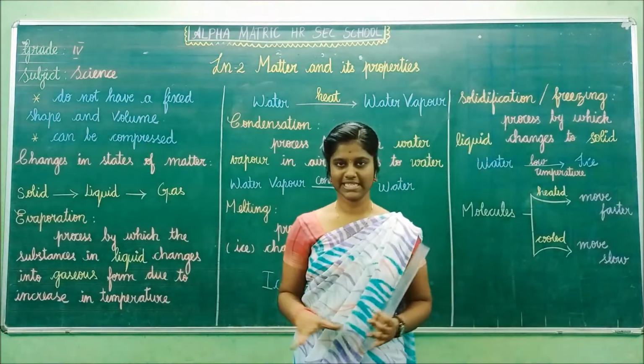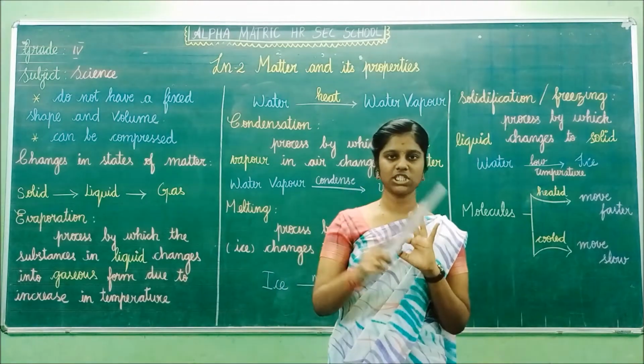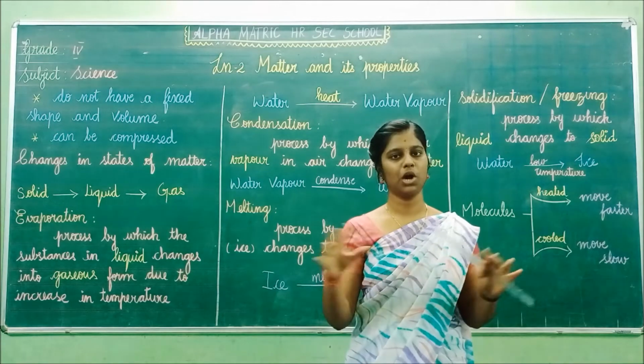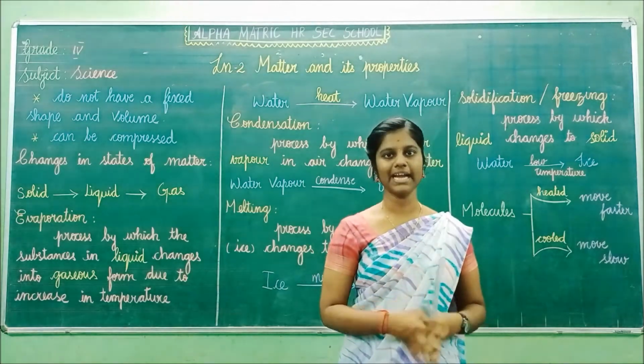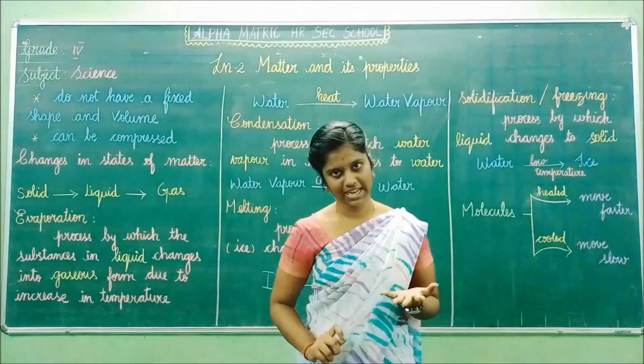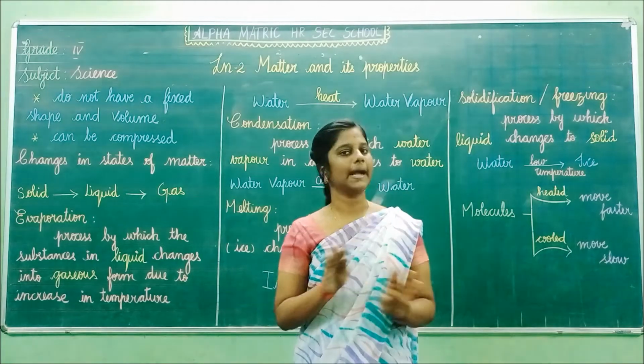So, in today's class, we have seen the three states of matter, that is solid, liquid, gas. In solid, the molecules are closely packed so the molecules cannot move freely. Solids have definite shape and volume. They cannot be compressed.